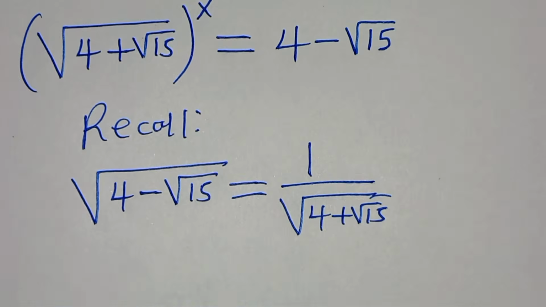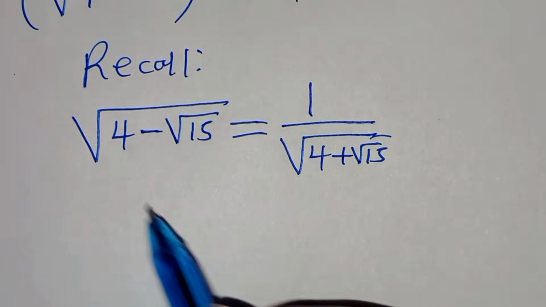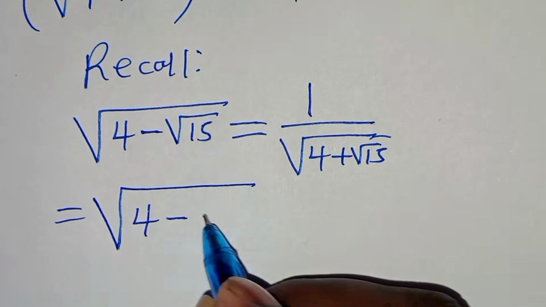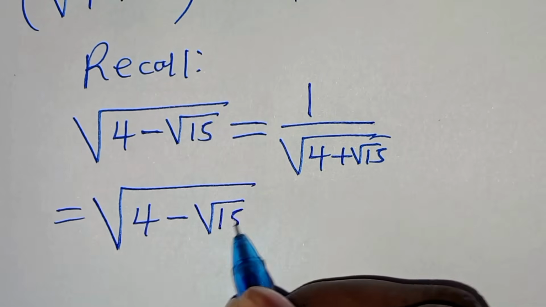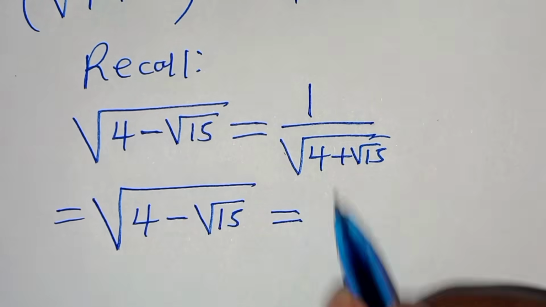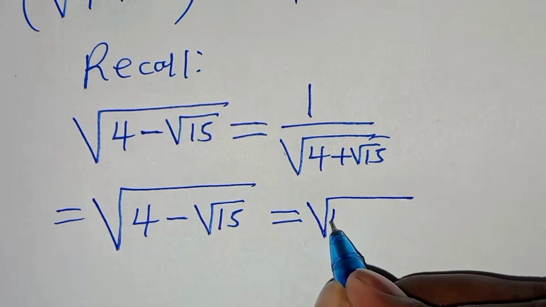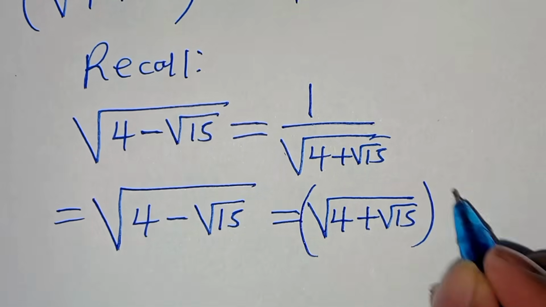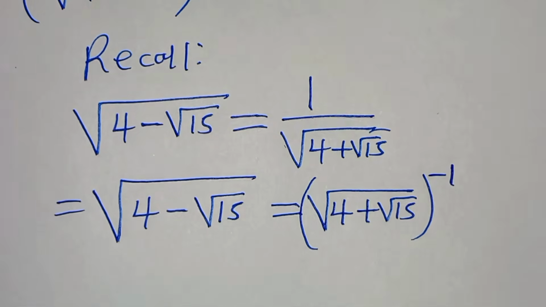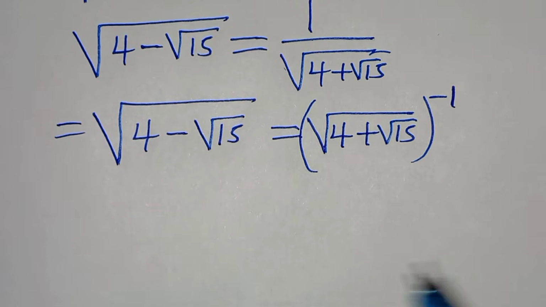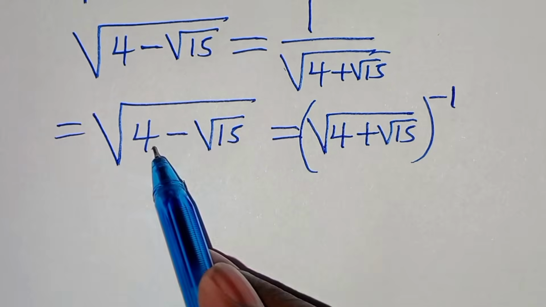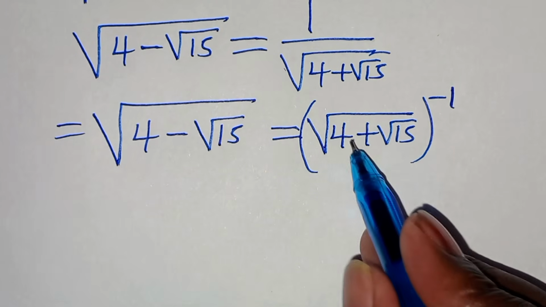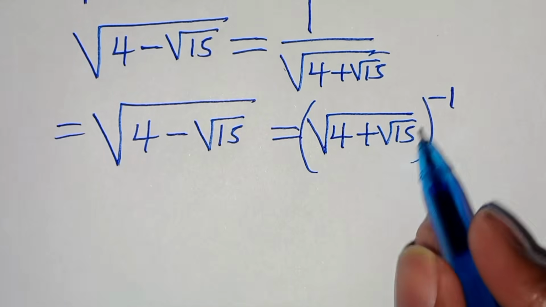Now from here, we can express this as square root of 4 minus square root of 15 equal to square root of 4 plus square root of 15 raised to the power of minus 1.